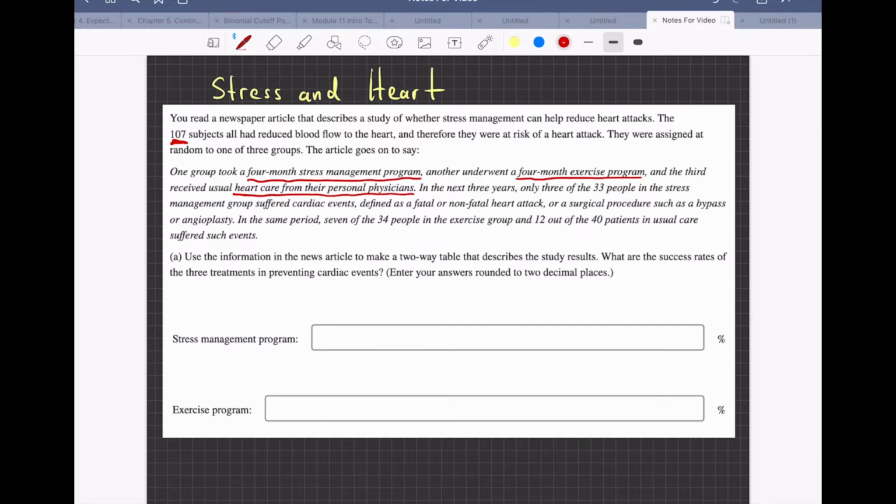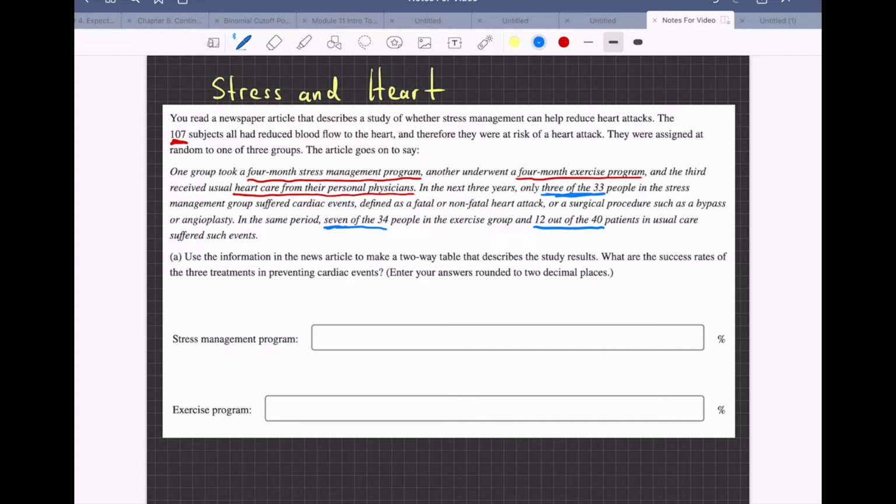In the next 3 years, only 3 of the 33 people in the stress management group suffered cardiac events, defined as fatal or non-fatal heart attack, or a surgical procedure such as a bypass or angioplasty. In the same period, 7 of the 34 people in the exercise group, and 12 out of 40 patients in usual care suffered such events.